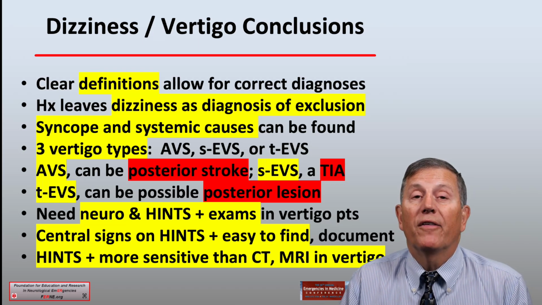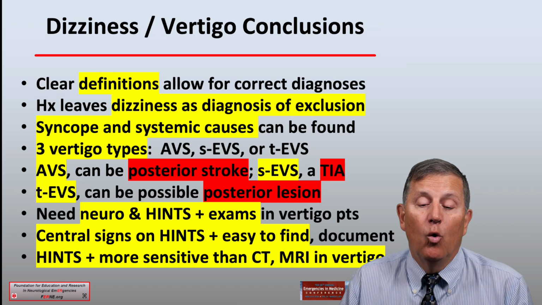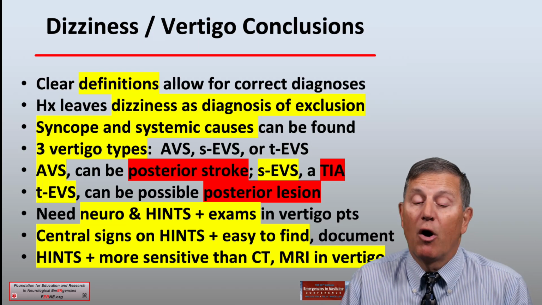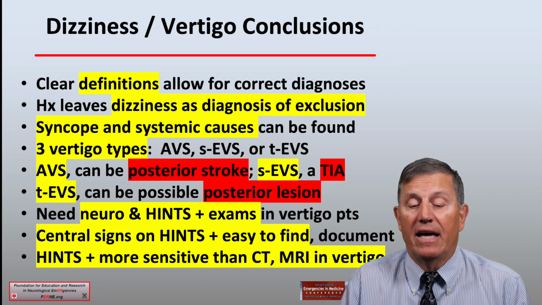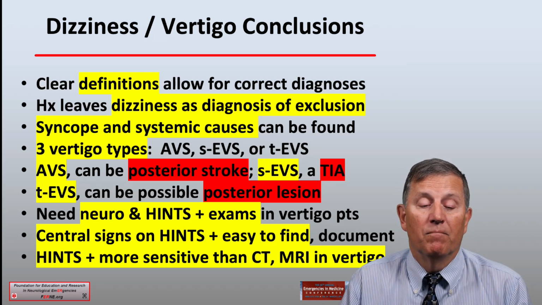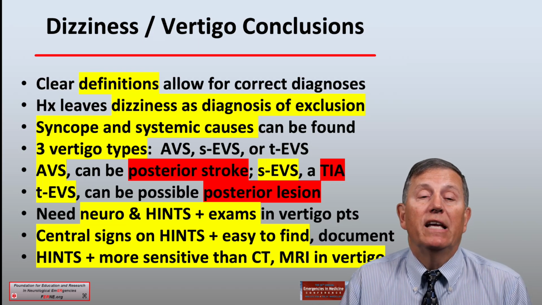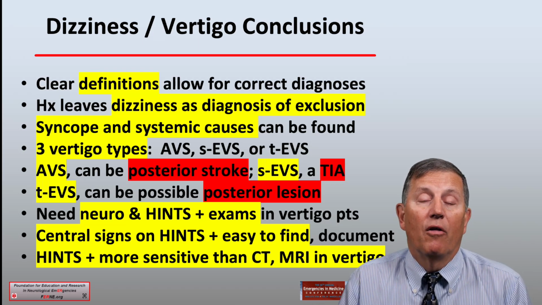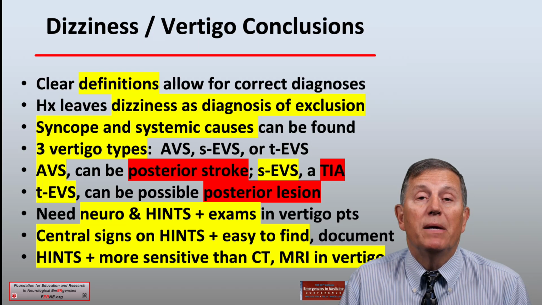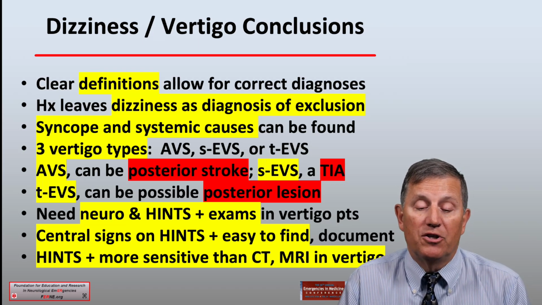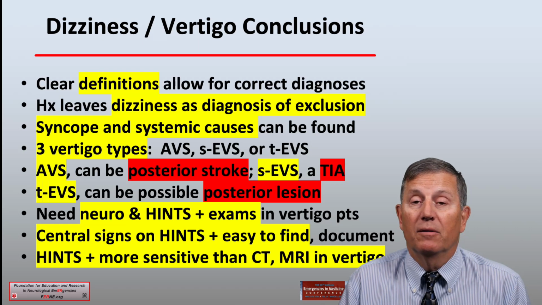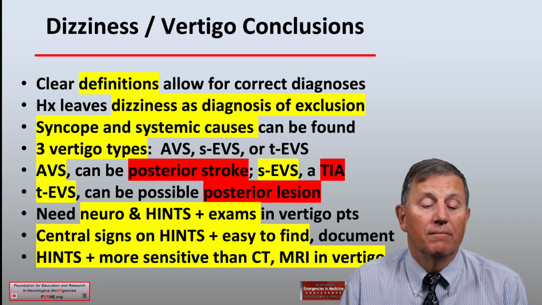We know that with acute vestibular syndrome, we need to consider posterior stroke, and with spontaneous episodic vestibular syndrome, or EVS, we know a TIA is to be considered. We know that triggered EVS, although often related to BPPV, can be a possible posterior lesion, suggesting possibly the need for CT.